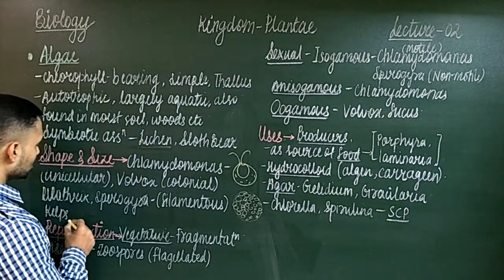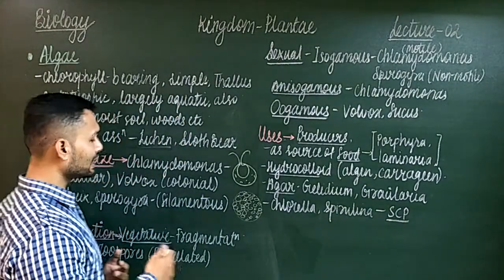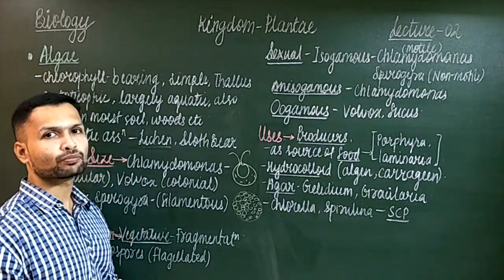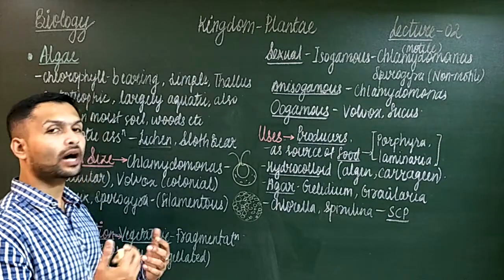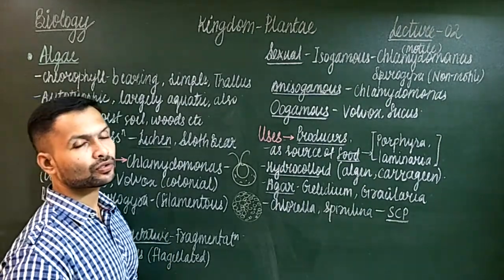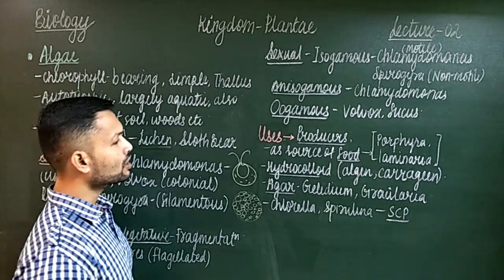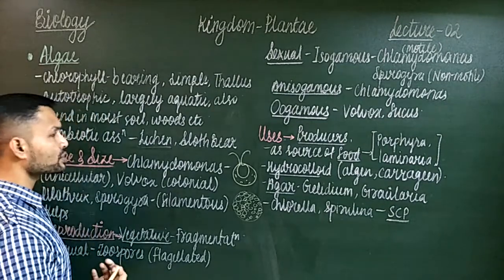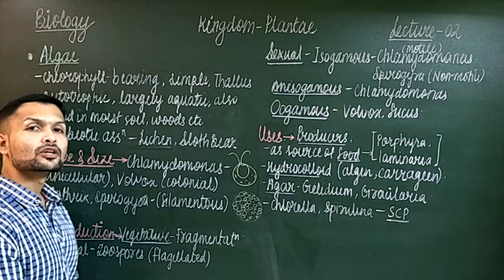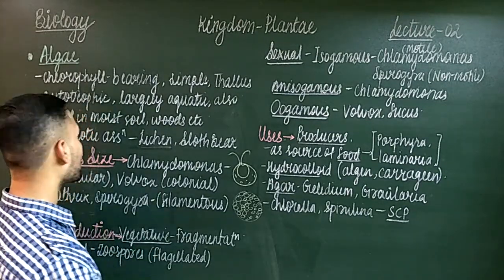Whereas kelps are long, lengthy algae which grow generally in oceans, and they help the fishes to hide. Kelps are a very important part of the ocean ecosystem. They provide food for the fishes, and they act as a hiding place for the fishes. These are large algae, found mostly in marine water.